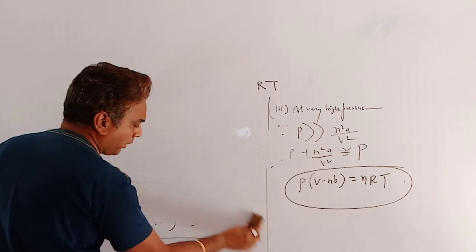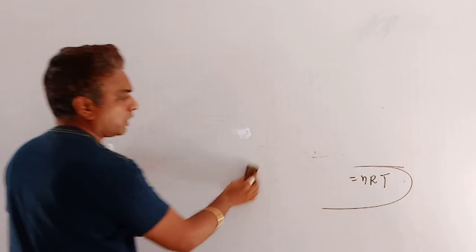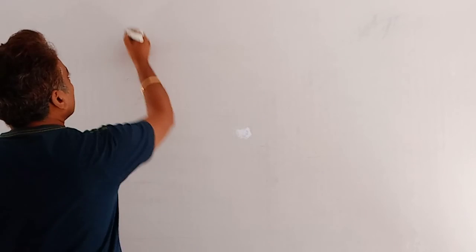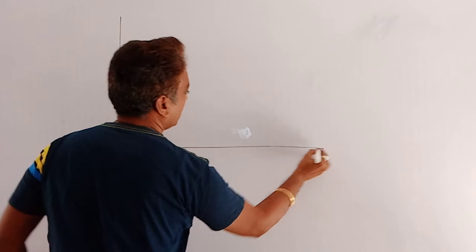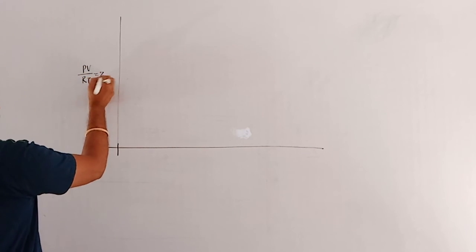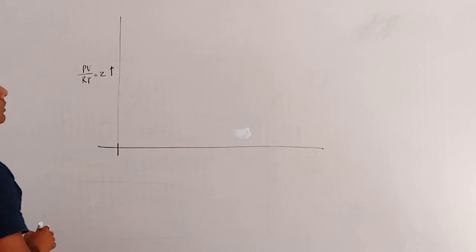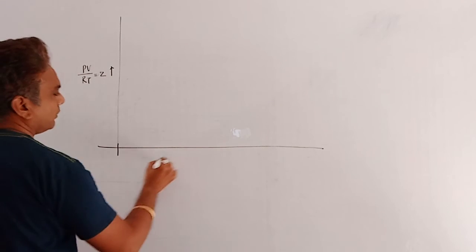Now, if we study different real gases graphically in terms of the value of Z, then the graph is between PV/RT, which is equal to Z, the compressibility factor, as well as pressure.